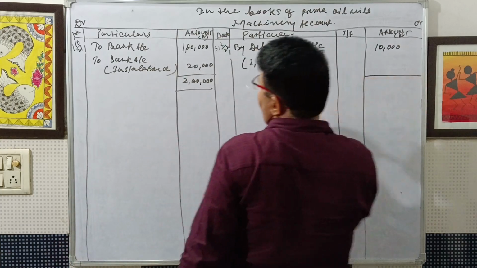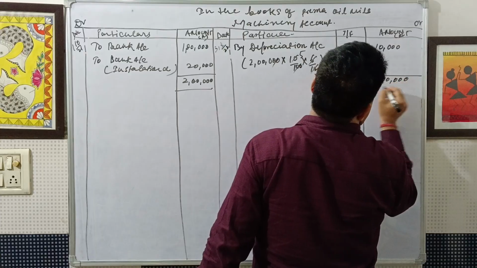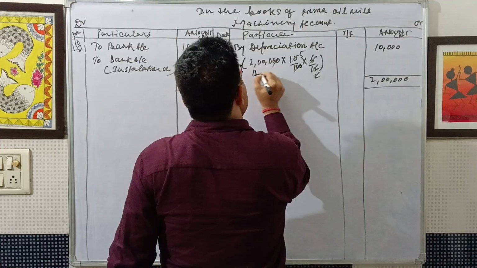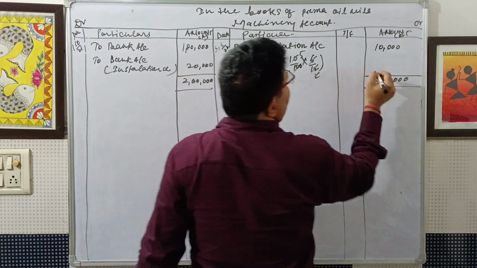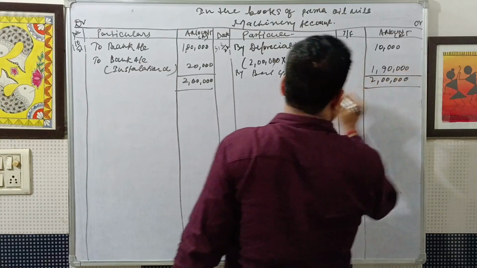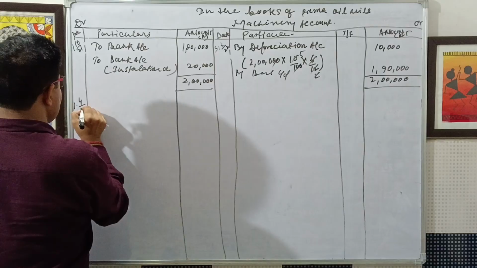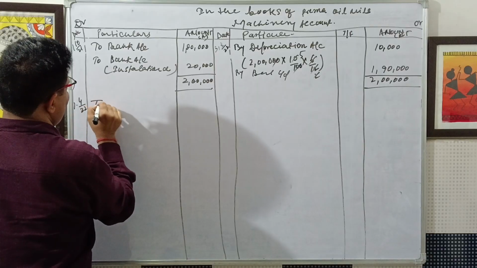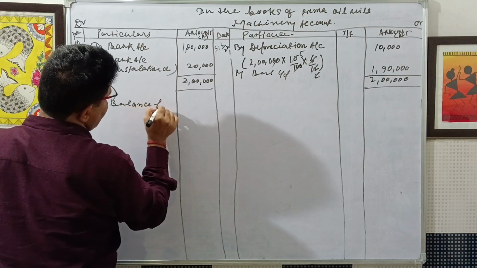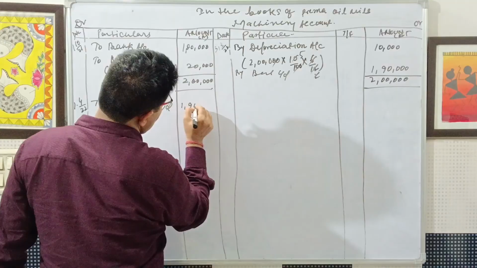Now write down here 2 lakh, so by balance c/d, carried down. How much? 1,90,000. Now on 1st April 22, to balance b/d, brought down. How much? 1,90,000.